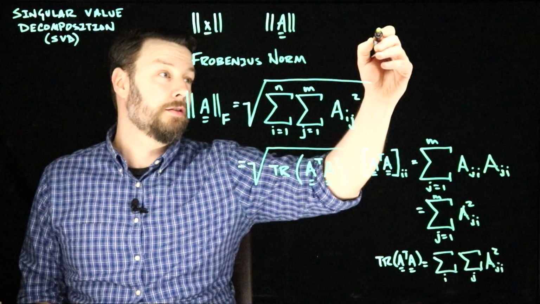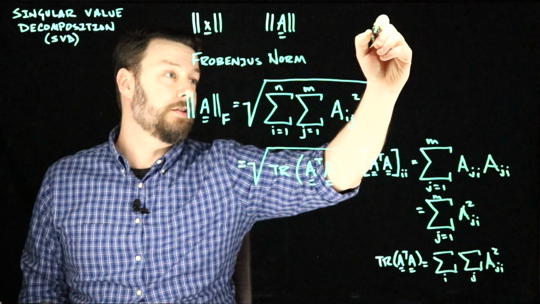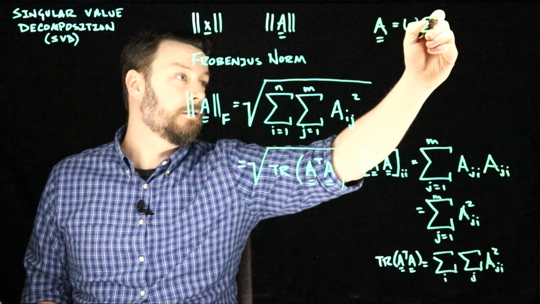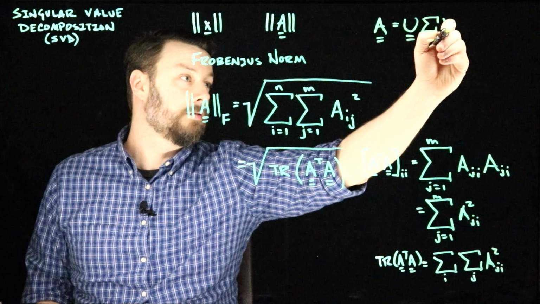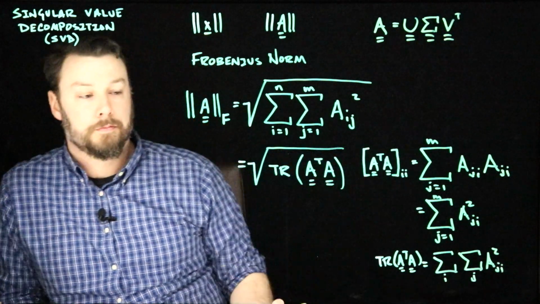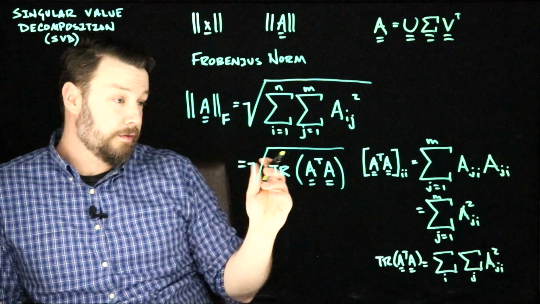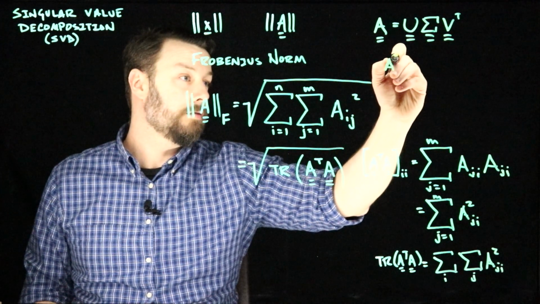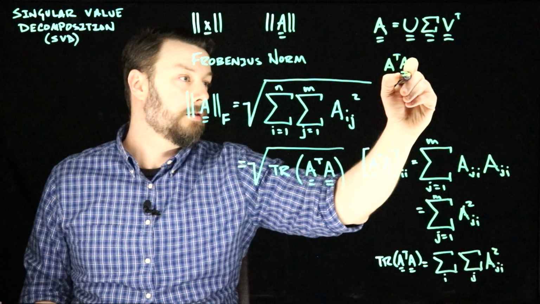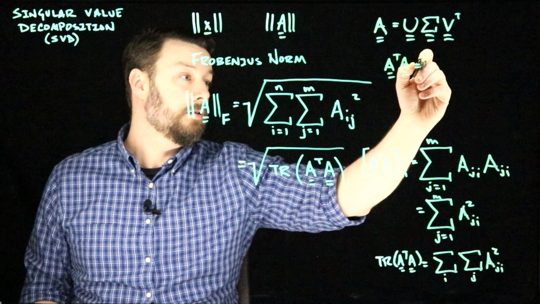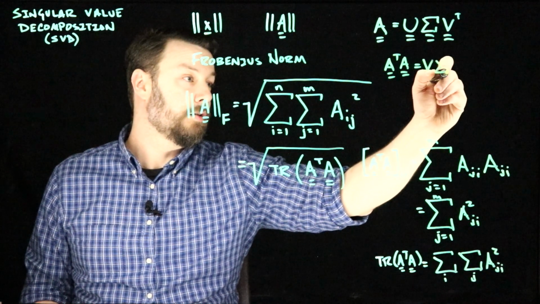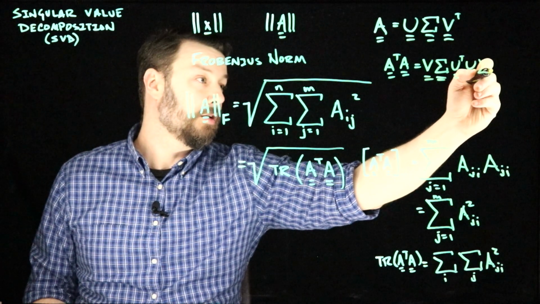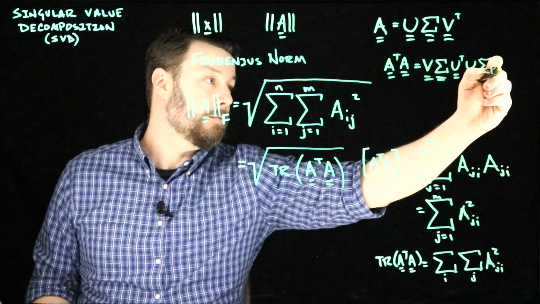Now let's imagine further that we actually have the SVD of A, and that it is, as we've been writing, U sigma V transpose. Let's plug that into the trace of A transpose A. A transpose A, as we've looked at before, is going to be V sigma transpose U transpose, U sigma V transpose.